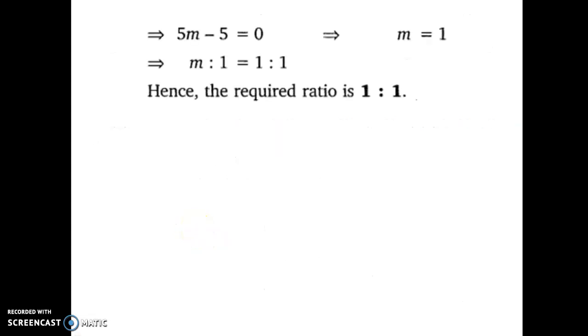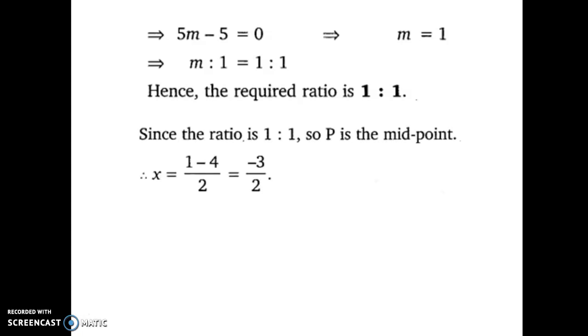Then you will get the value of m. So the m value is 1. That means the ratio is 1:1. m by 1 is equal to 1 by 1, you can take. Simply 1 means you can write it as 1 by 1, right? So you can write it as 1:1. In that ratio it is dividing.